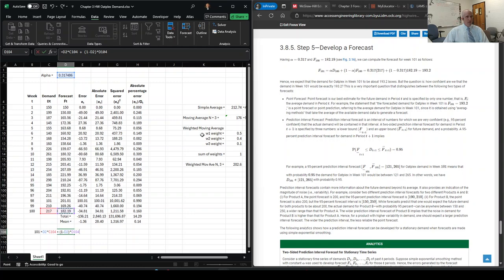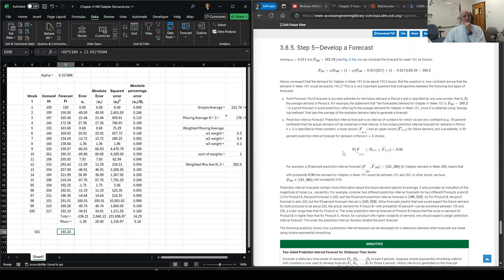That's it right there. And that should give us 193.2. This is our point forecast for week 101, now optimizing with an alpha of 0.317, which is minimizing our squared error. How about that?